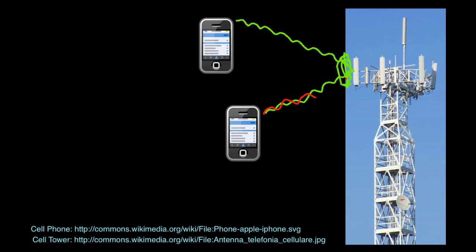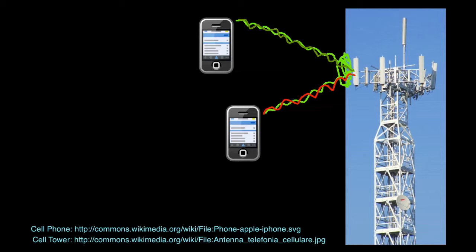On the other hand, if each cell phone transmits in a different frequency, then the base station can sort out which transmissions are coming from which cell phone by looking at the frequencies that they transmit. And that's actually the way that AM radio, FM radio, the ancient analog television, and many other communication systems work.